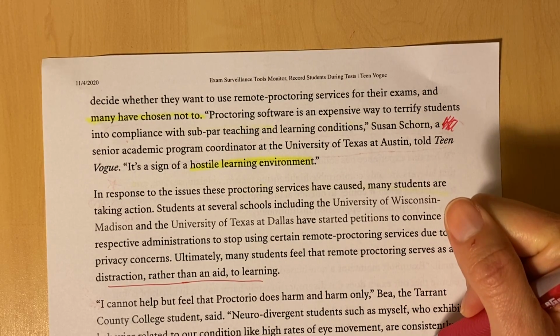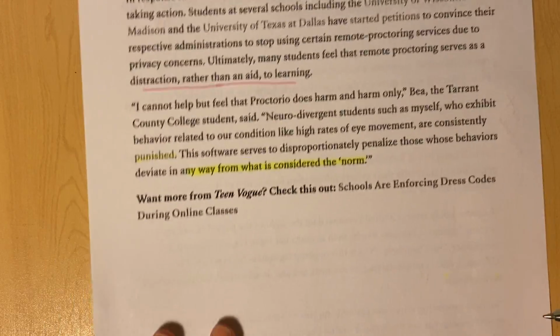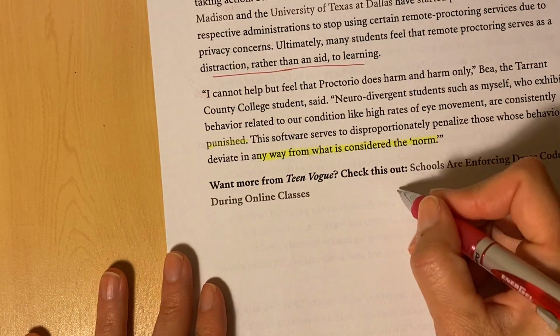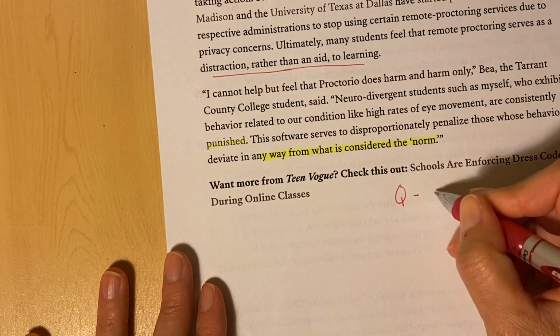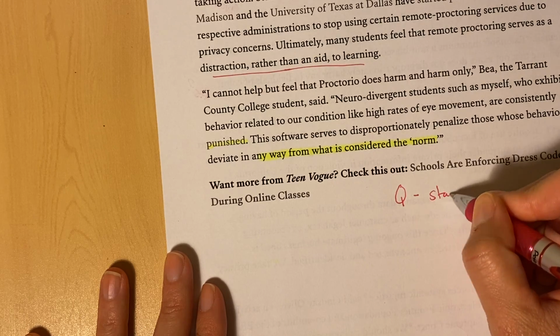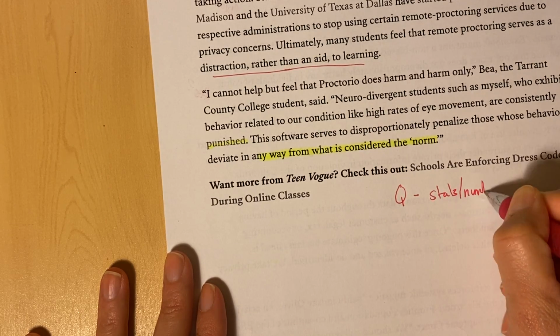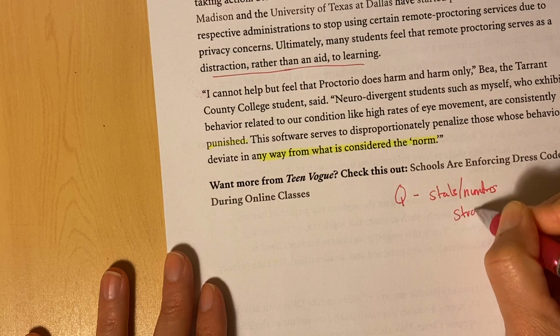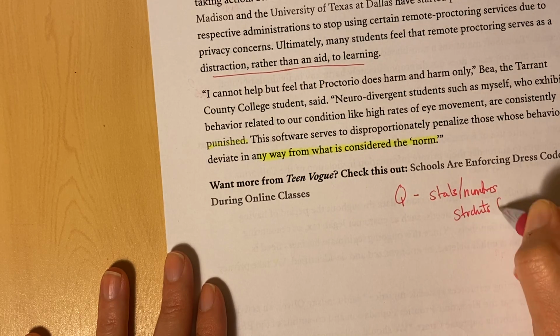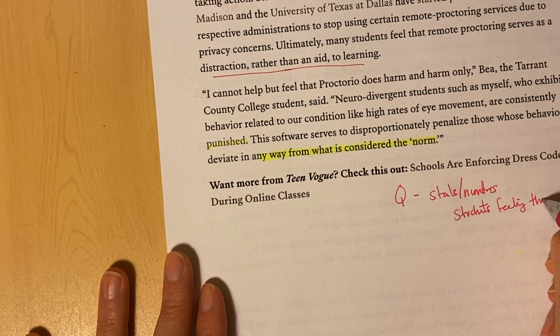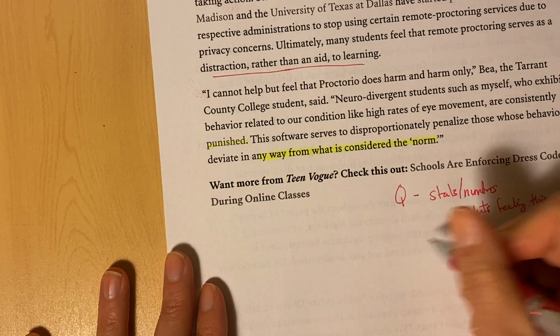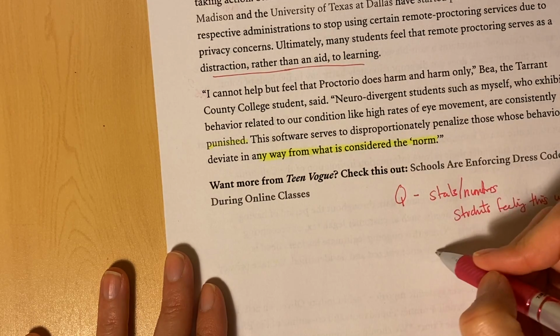Right, considered the norm. I also have some more questions after reading this. So some questions I have is I would be interested in more stats and numbers of students kind of feeling this way. I'd also be curious of more, and maybe I would click on some of those privacy agreements.